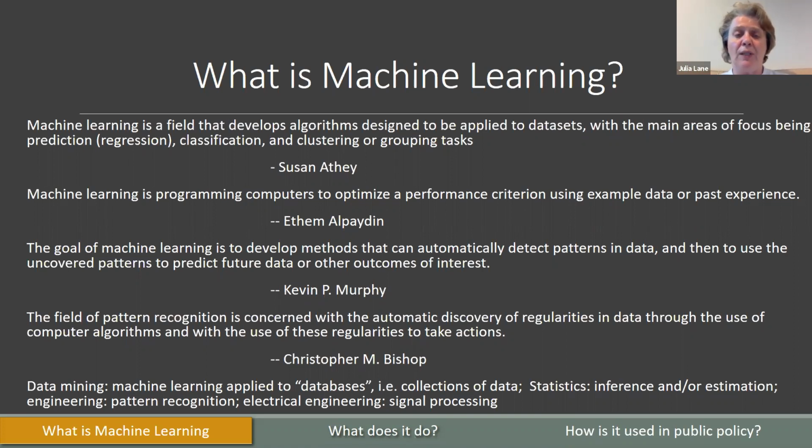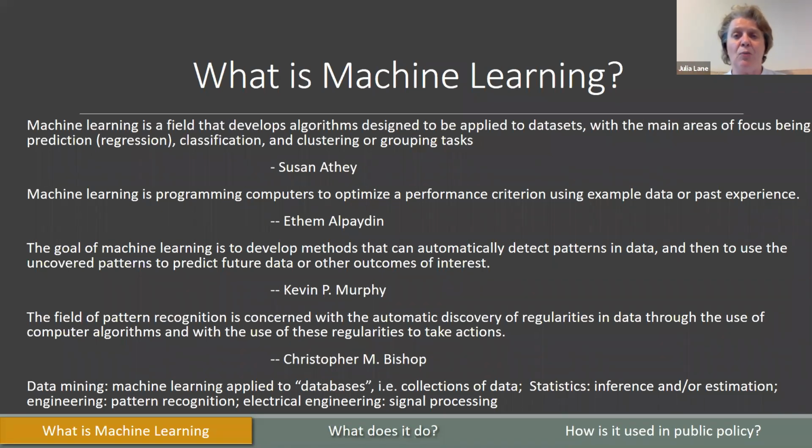If you take a look at these different definitions, that same common theme comes up. It learns, you provide information, you evaluate it, you identify regularities, and then you make a prediction. It's got multiple terms. You'll hear about data mining, where you're trying to figure out what's going on in massive amounts of data.